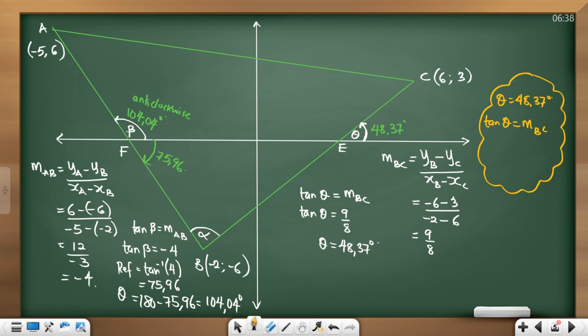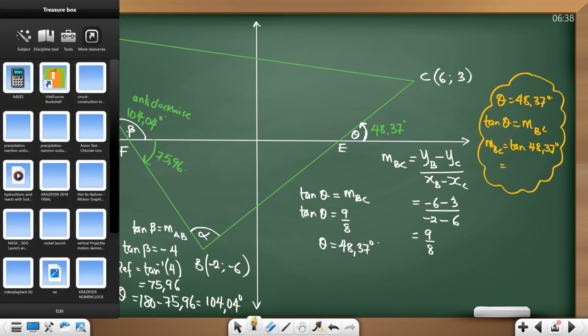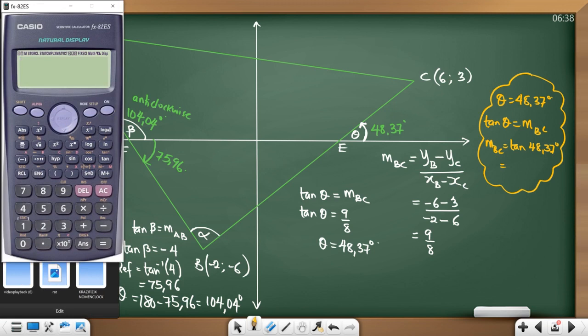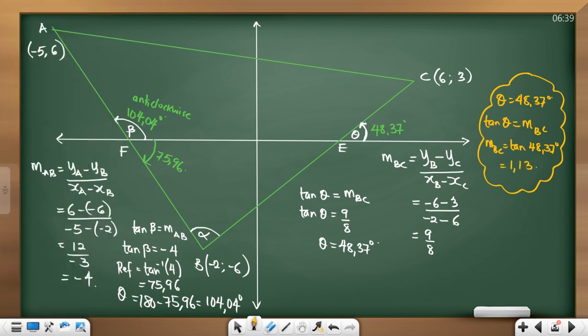BC. What would that be? Gradient of BC, therefore, would be equal to the tan of that angle. There's no two-way about that. Put that in a calculator and you are done. I'm sure you're going to get 1 point something here. Tan 48, because tan 45 is 1. That will give you 1,125, which is 1,13. Done.